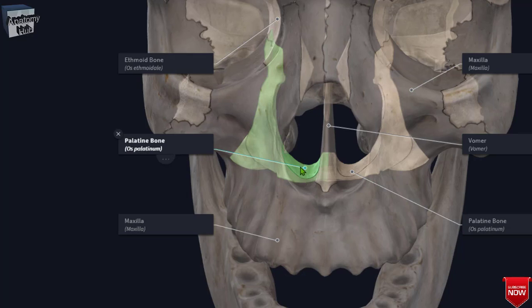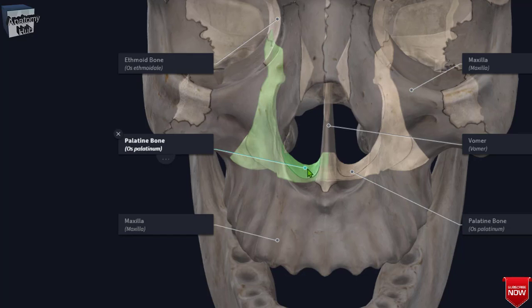First we'll see the nasal surface. This nasal surface of the horizontal plate of the palatine bone forms part of the posterior portion of the floor of your nasal cavity and part of your inferior nasal meatus.